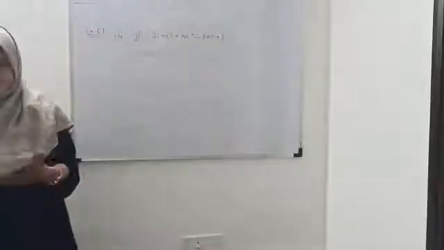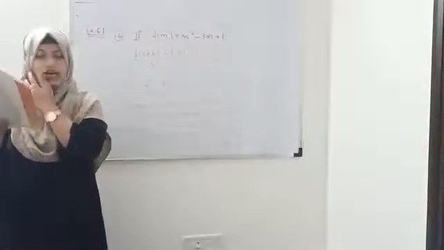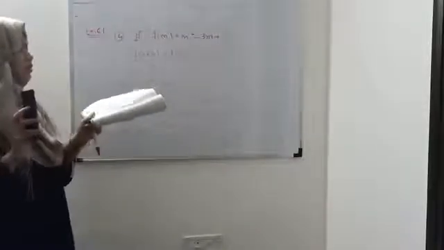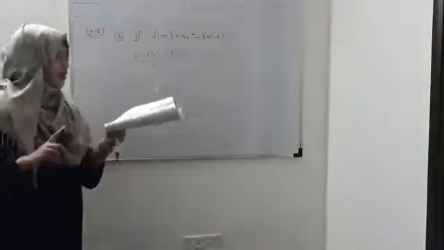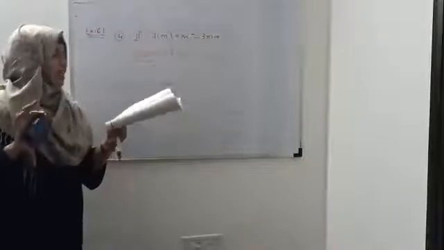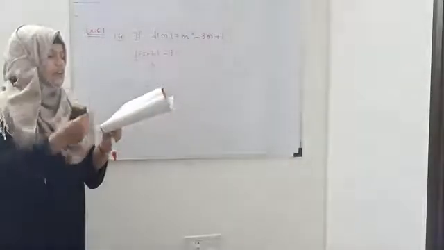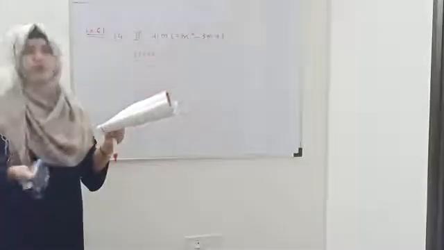The rest, B, C, D and E, are for your homework. We will not take that part in class; it is very simple. Now we will solve the next example. I'll take 1 or 2 examples from each question, and the rest of the sub-questions are for your homework.